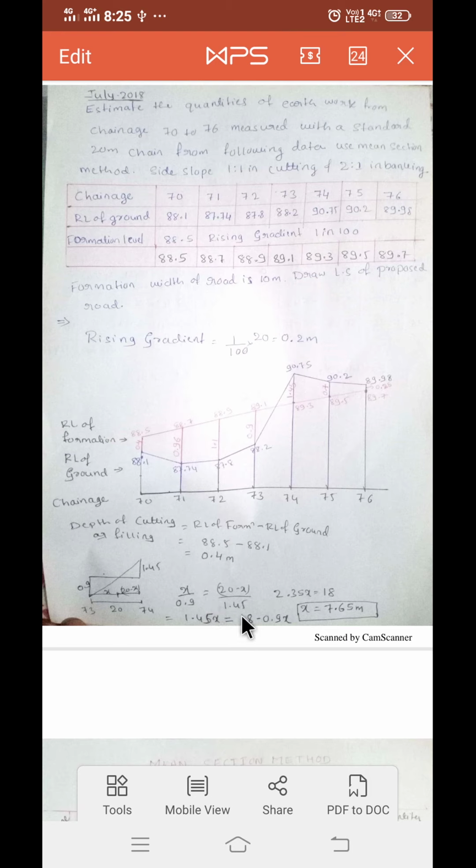Cross multiplying, we get x equal to 7.65. This means from 73 chainage, at a distance of 7.65 meter, the formation changes from banking to cutting.